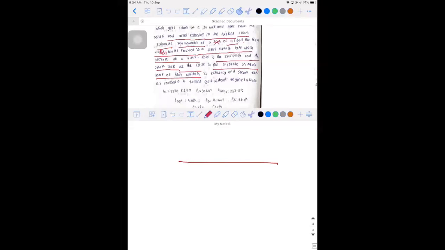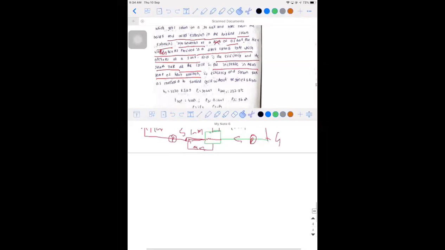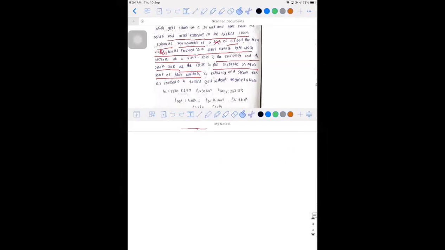Now you are not having a problem. Now let us draw the corresponding TS diagram first of all. For this, I'm going to draw this TS diagram.